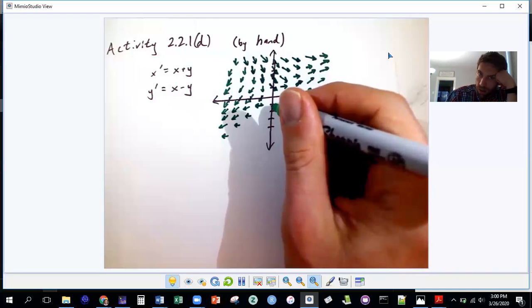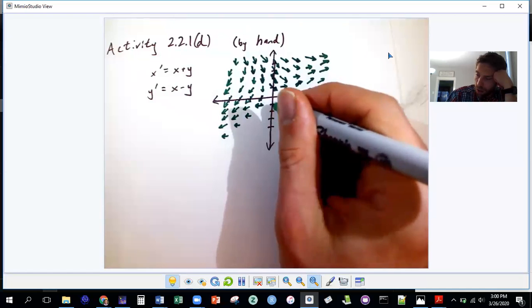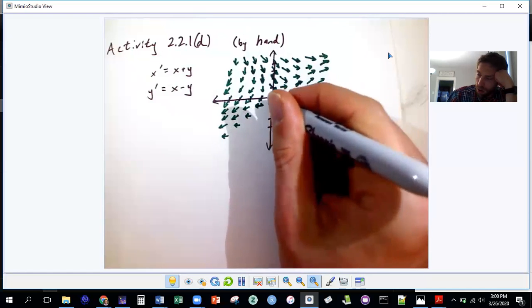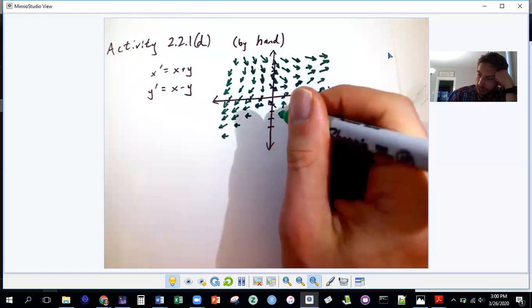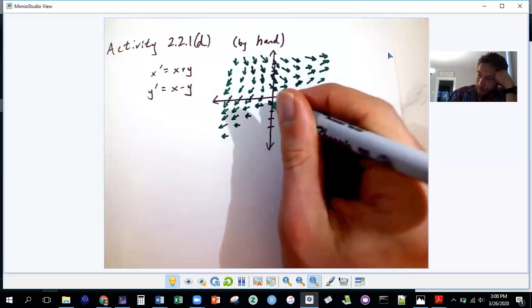And x is 0, y is -1. So x prime is -1 and y prime. So it's basically a negative slope going that way. Right? Okay.